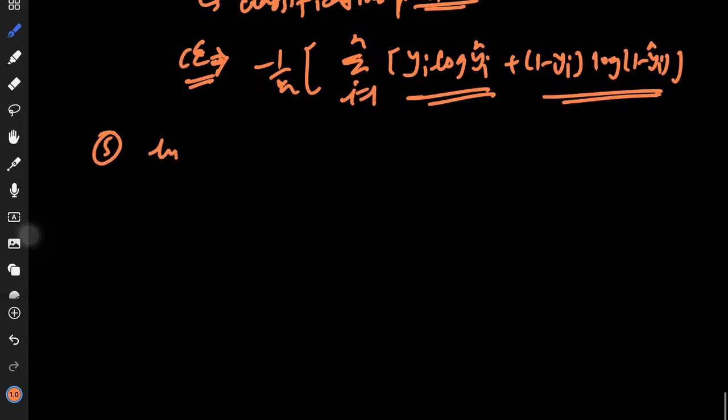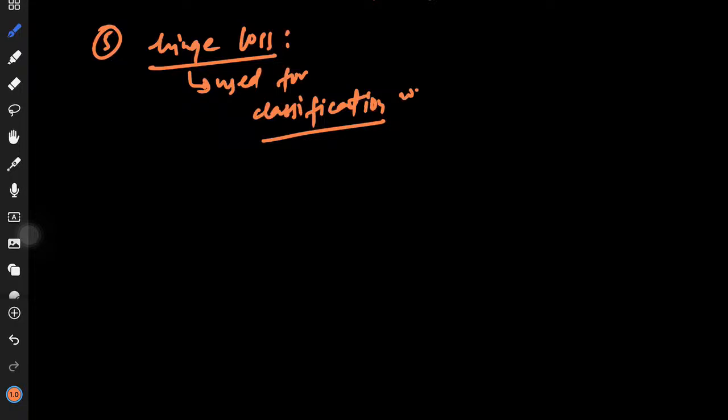And the fifth one is hinge loss. It is used for classification with SVMs.